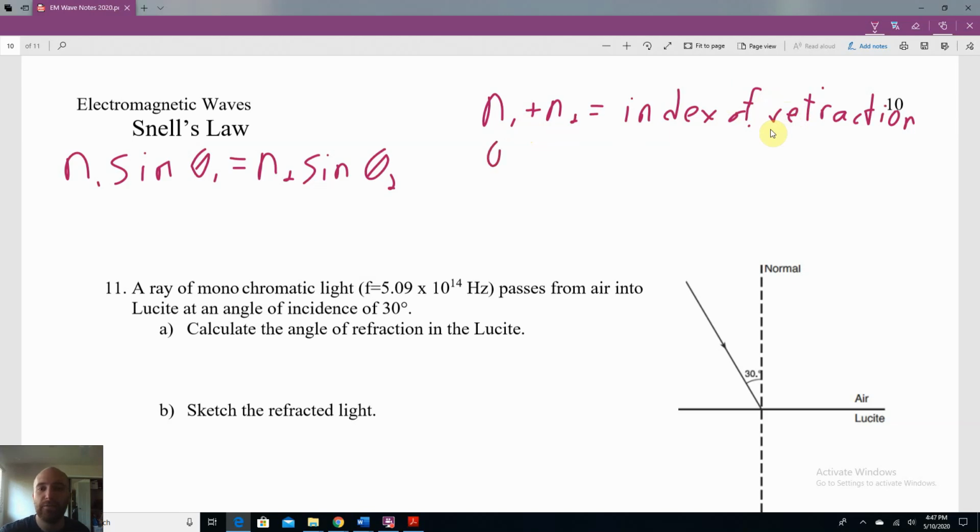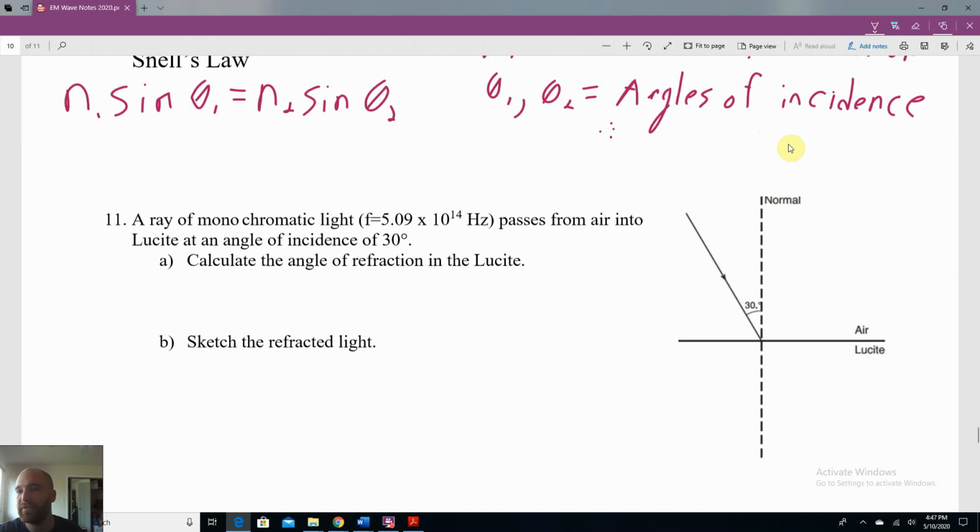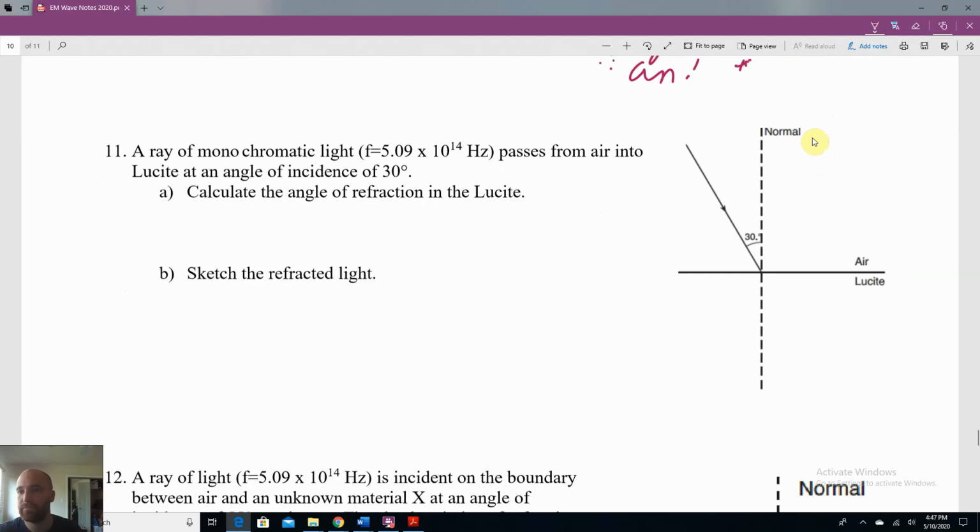And then theta 1 and theta 2 stand for the angle of incidence and the angle of refraction.